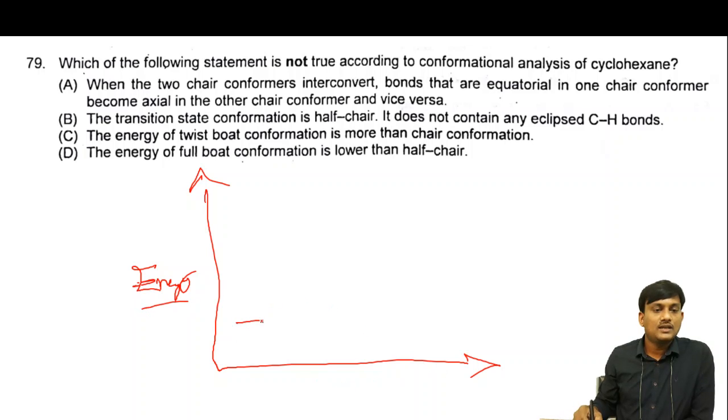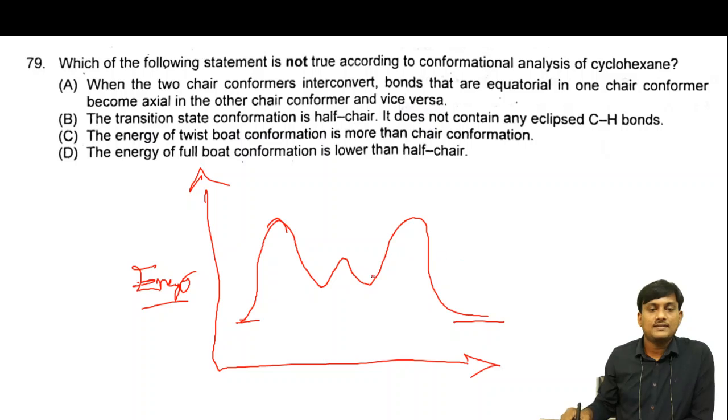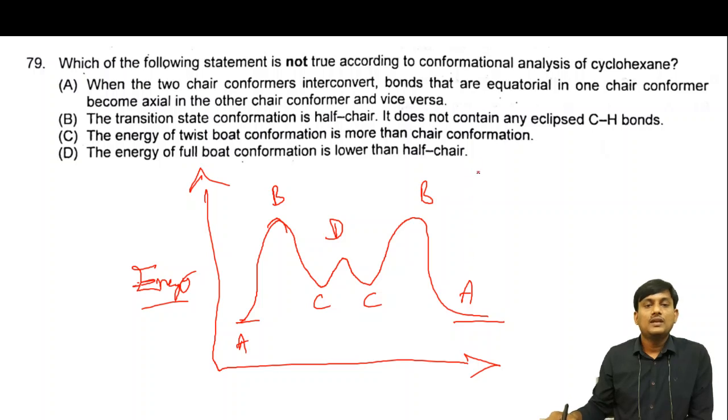Here you can find this graph, which is symmetric: the left side and right side are symmetric. Here you have A, B, C, D, again C, B and A. Here A indicates the chair form, with less energy.